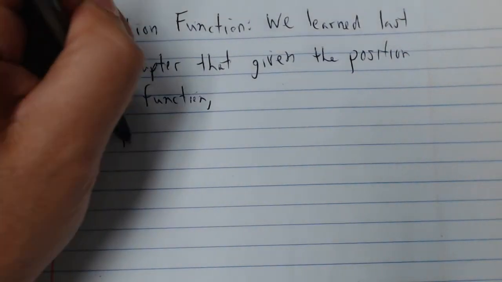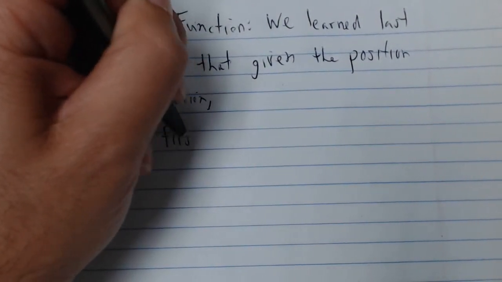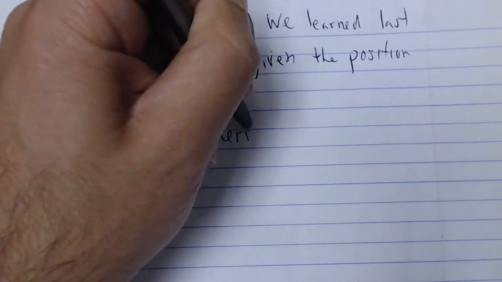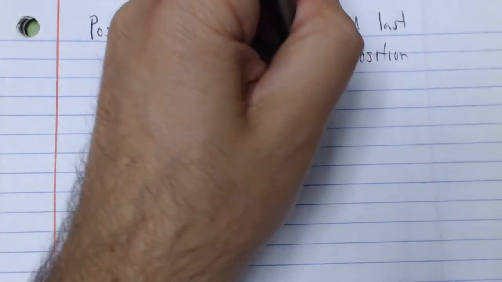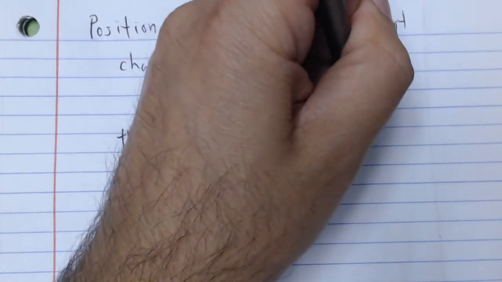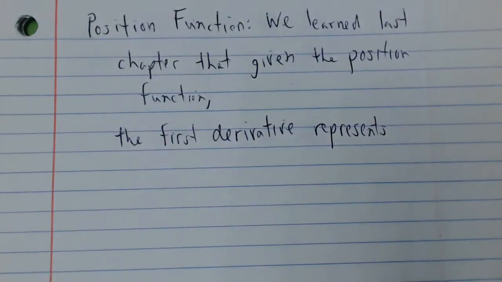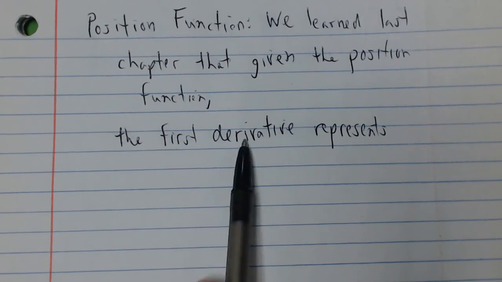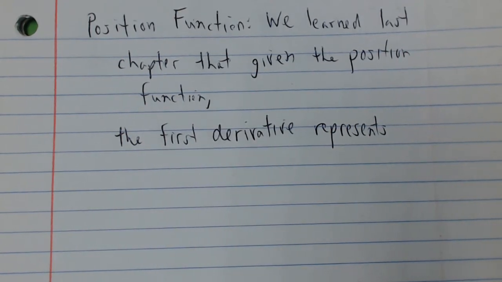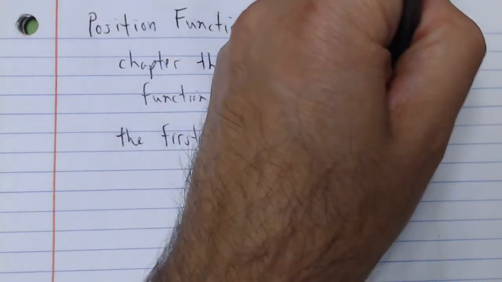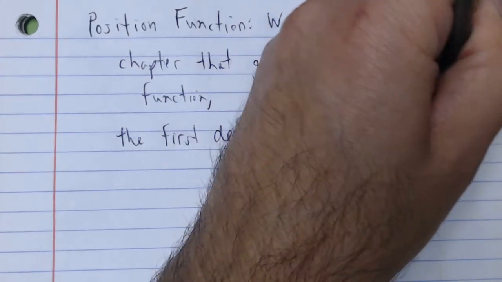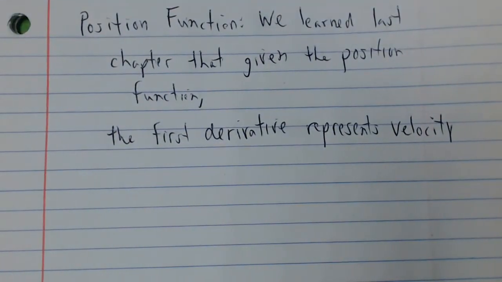In fact, the first derivative is what we mainly talked about. You should already know that the derivative of the position function, which is literally what the first derivative is, represents the velocity. So this isn't anything new to us.